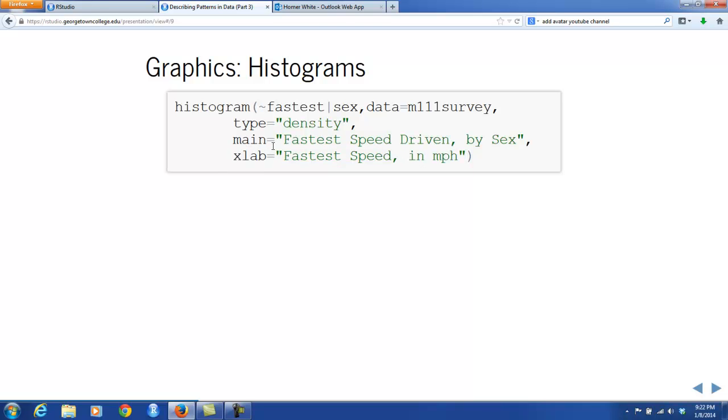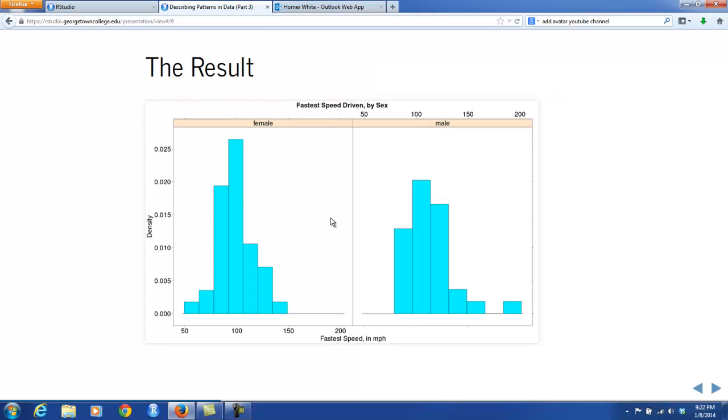You have a title that's fixed by the argument main, and we would like some density histograms, so we specify that with the argument type. Let's see what comes out. The conditioning formula, that vertical line, produces two histograms that are side by side in separate panels.